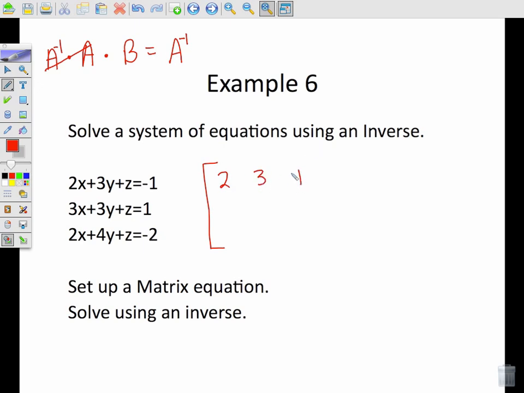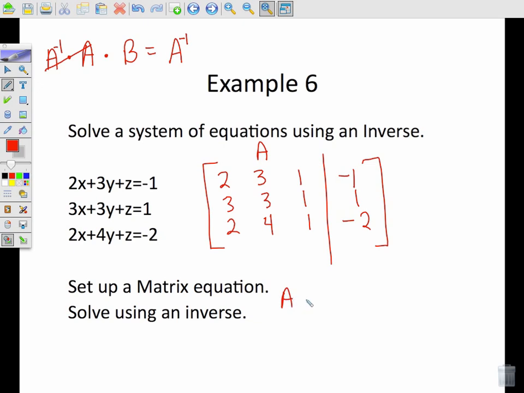So if I have this as an equation, 2, 3, 1, and I can finish out my matrix with all of those rows and all of those columns. And then the right side here would be -1. And this would be 3, 3, 1, and 1, and 2, 4, 1, and -2.